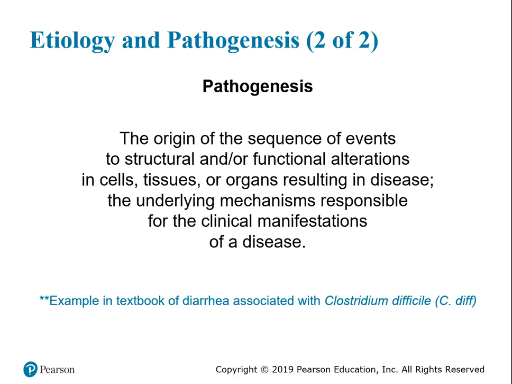And so if for some reason there are alterations in those resident bacteria, maybe because you were taking an antibiotic or something like that, exposure to the C. diff may then lead to a more serious case. So the idea is that you're exposed to this environmental agent, this bacteria, and then you also have some sort of compromise within your body. And then that is what is going to lead to the disease. So it's this interplay between a lot of different things.